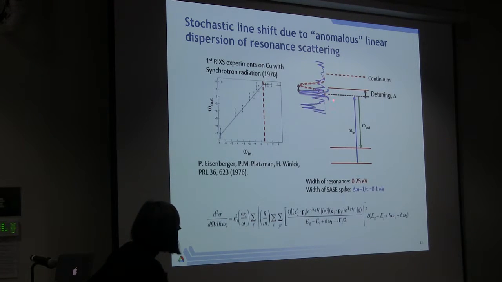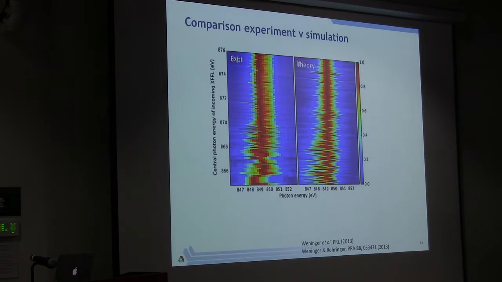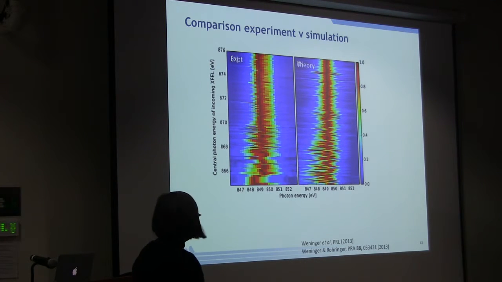So what you expect is when you're hitting some of these resonances, the omega out line is going to jitter around because you're not always exactly properly on resonance. And so that is the evidence you're looking for that you've actually caused these processes.